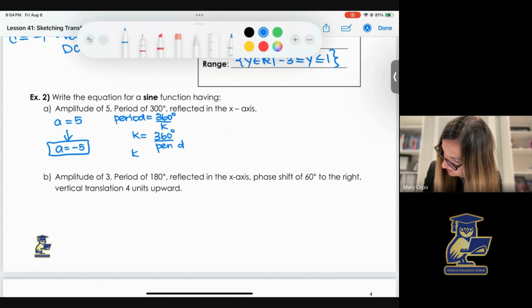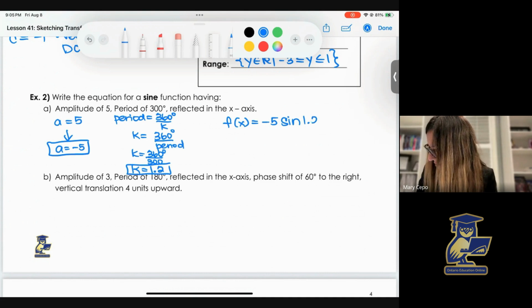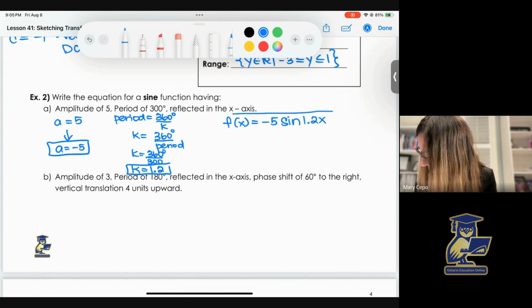So with that in mind, 360 divided by 300, k is going to equal 1.2. Therefore, f at x is equal to -5 sine 1.2x.